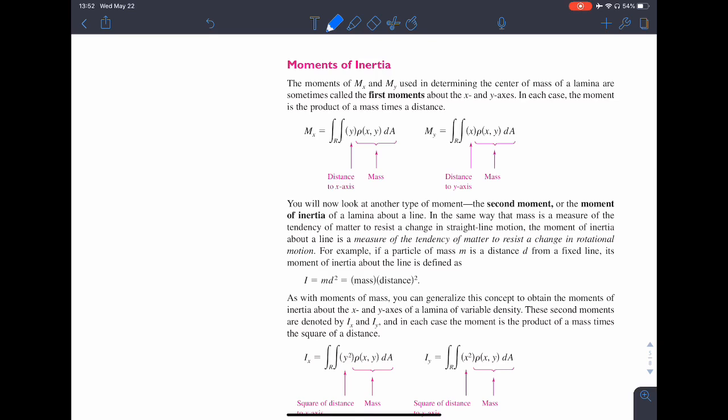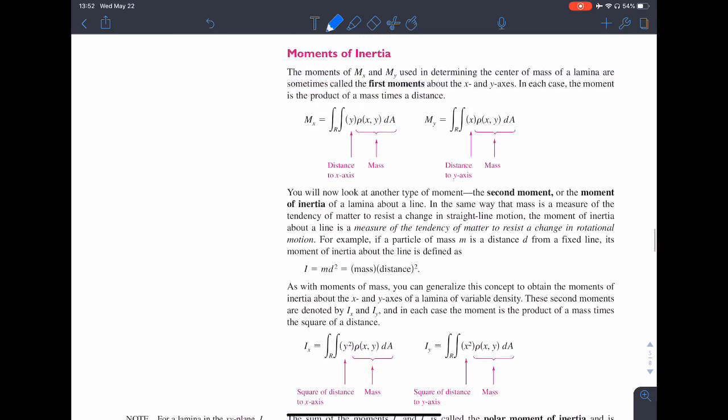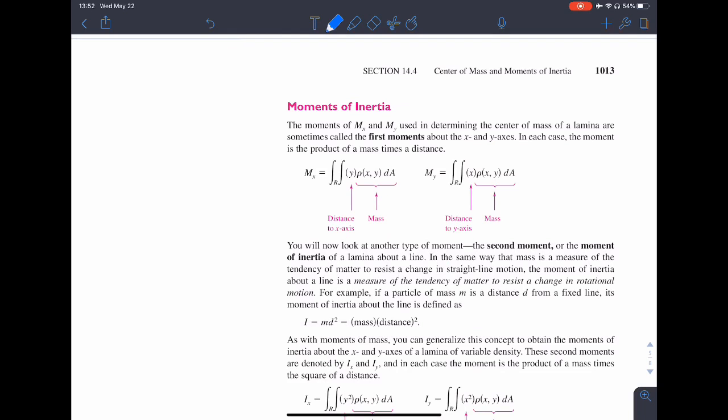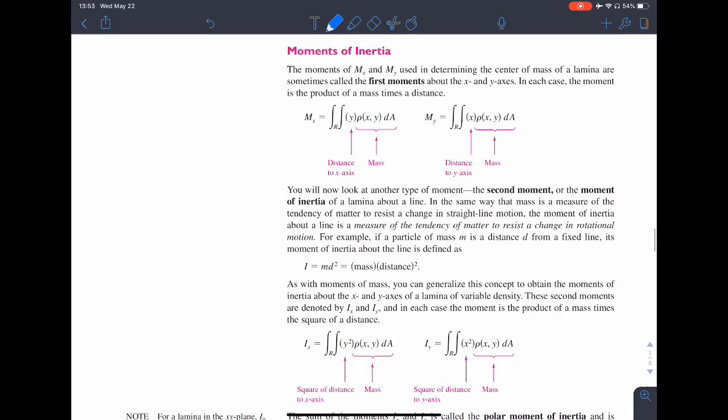And the next part is the moments of inertia. The moment has two different versions. The first one is called the first moment, as we already learned, that with respect to x, we have to multiply y, and with respect to y, we have to multiply x.